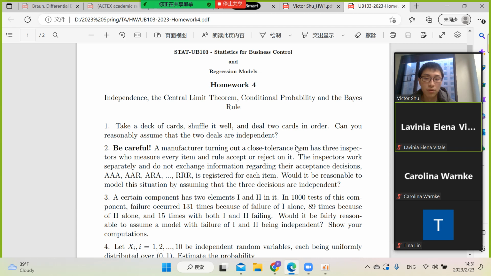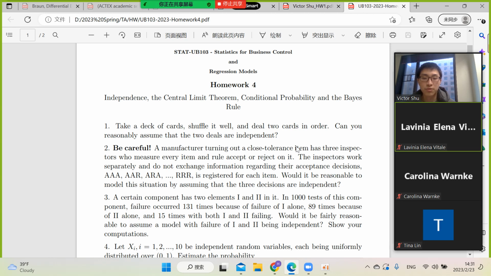You already drew out 1 king in the first deal. So basically the outcome of the second deal is dependent on what happened in the first deal. For example, if in the first deal, instead of a king, I draw out a queen, then the probability of drawing another queen in the second deal would decrease. So that means it's not independent.